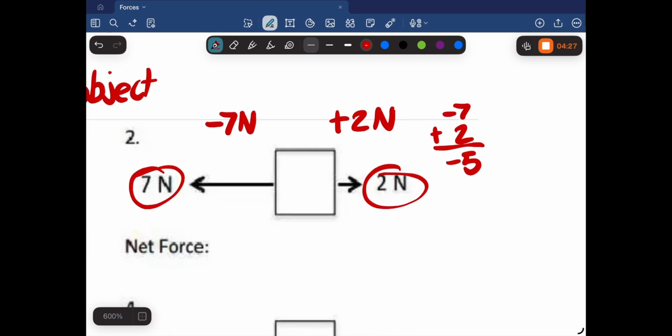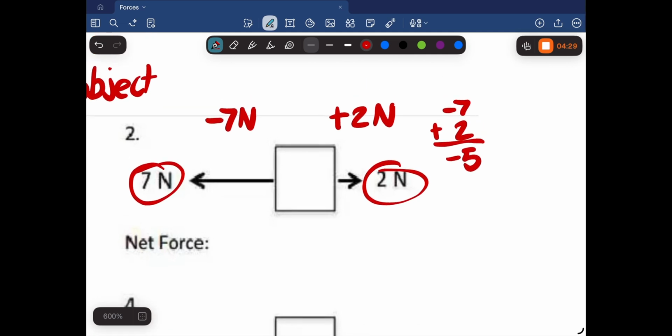Now, if you don't know how to work with negative numbers, you can just do 2, which is the positive number, minus 7, because that's going to the left, and this will be negative 5. Same thing. So that is actually our answer.